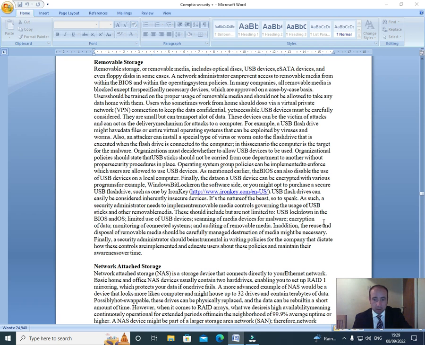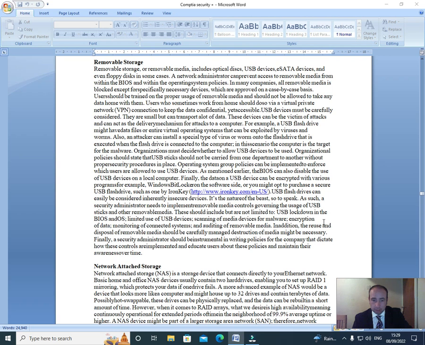As mentioned earlier, the BIOS can also disable the use of USB devices on a local computer. Finally, data on a USB device can be encrypted with various programs, for example Windows BitLocker on the software side, or you might opt to purchase a secure flash drive such as one by IronKey.